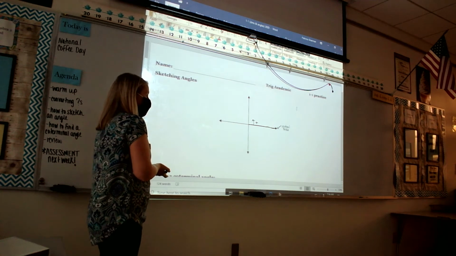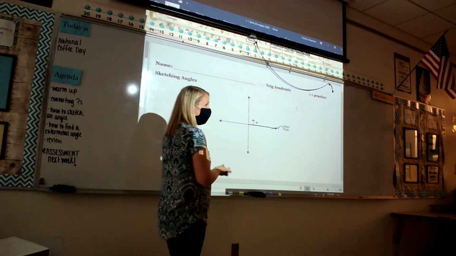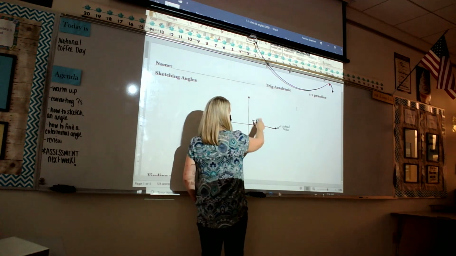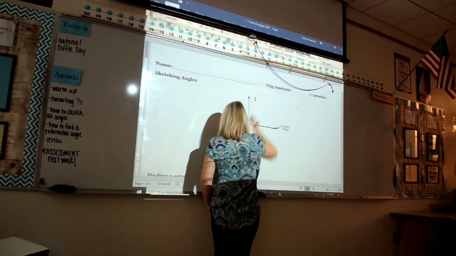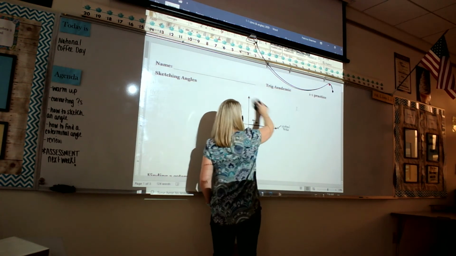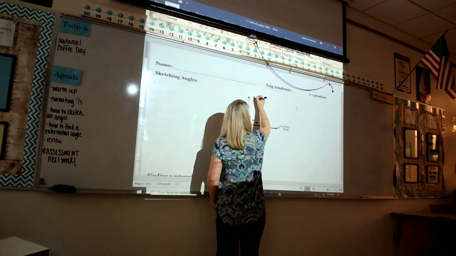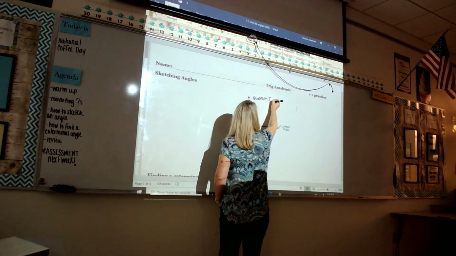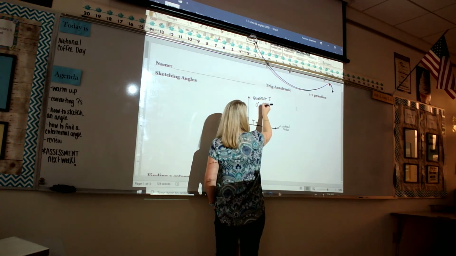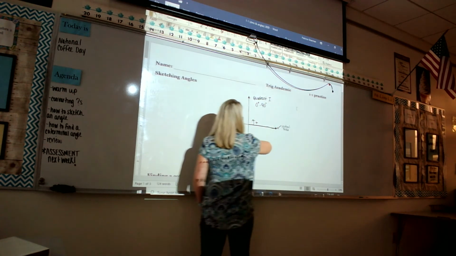If you have a positive angle, each quadrant is 90 degrees. So in this first quadrant, we're going to call it quadrant 1. Quadrant 1 has all angles between 0 degrees and 90 degrees.